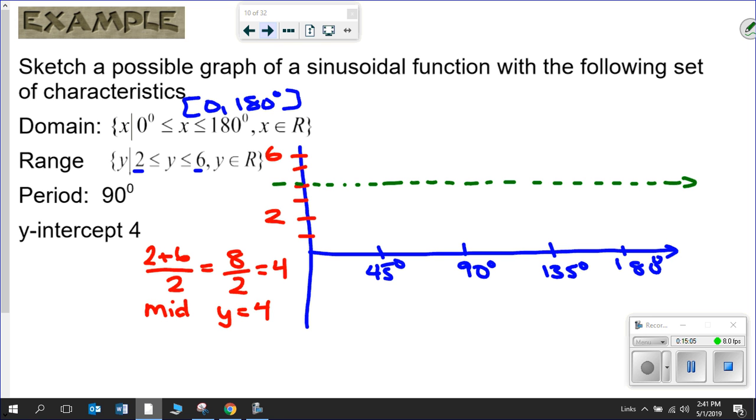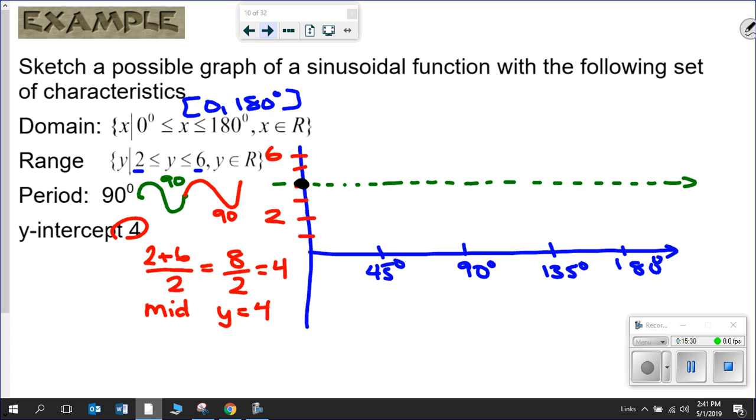I know my period is 90, so that means I need to make an up, down, in 90, which means I can make another up, down, for another 90, and 90 plus 90 is 180, so I'm going to make 2 cycles in my graph, and I know that my y-intercept is 4, so it's going to start here.